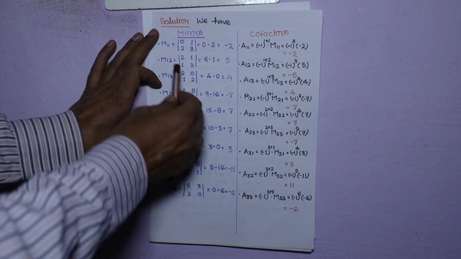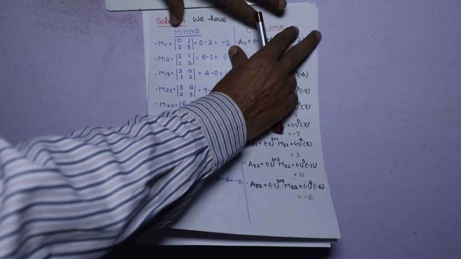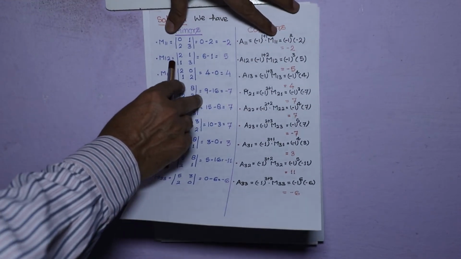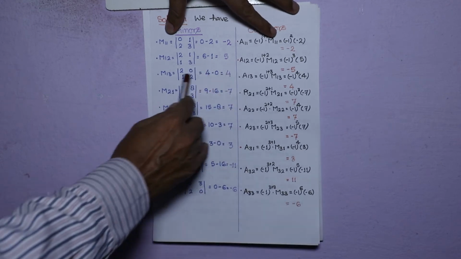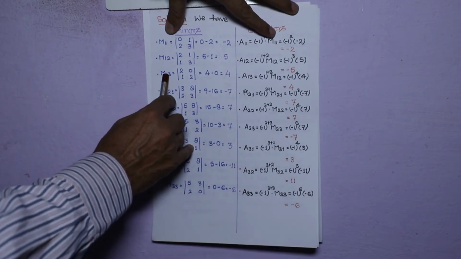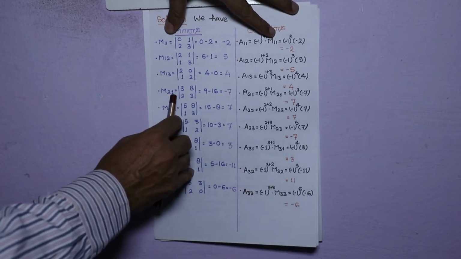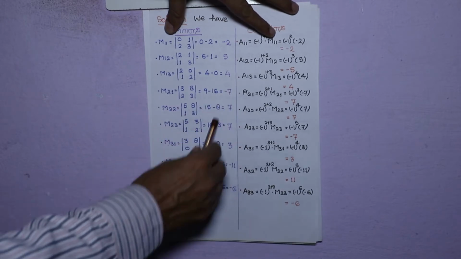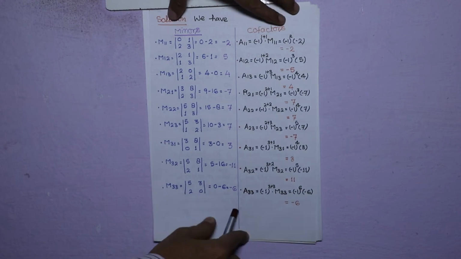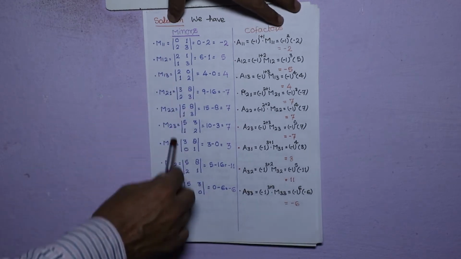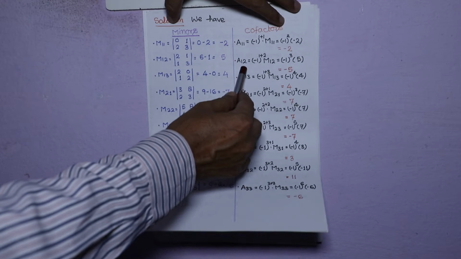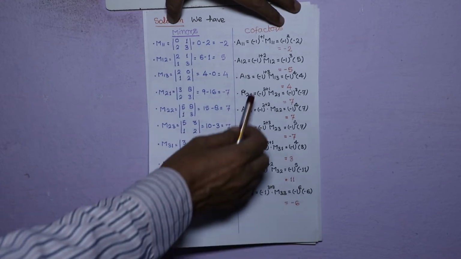Similarly M12, minor of element of first row, second column, this way 5. Then minor of element of first row, third column, that is 4. Minor of element of second row, first column. So this way you are getting all 9 minors.